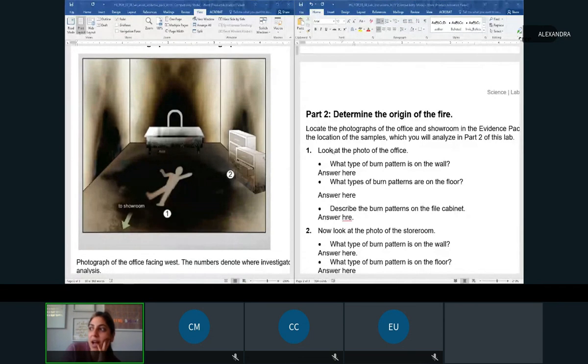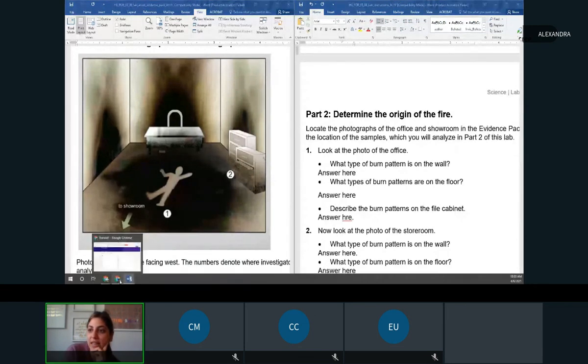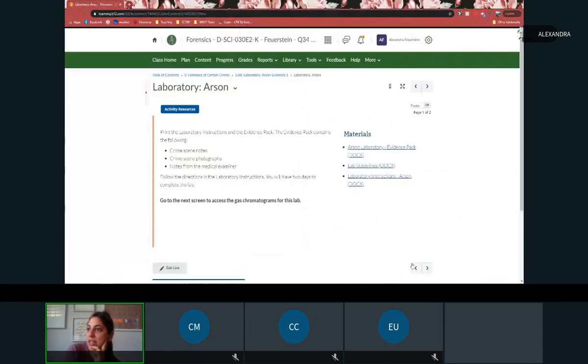What about the burn patterns on the floor? Do you guys remember what we call that whenever there's like a shadow? Good. Let's see, I can go back to this slide too.